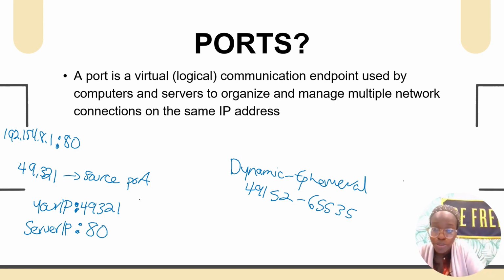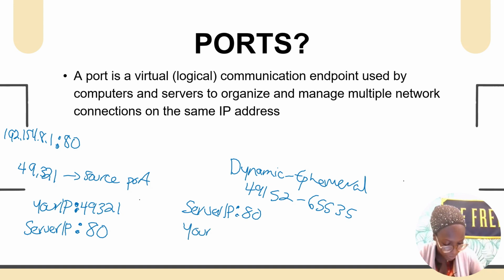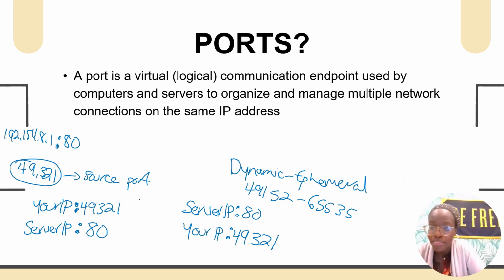So the server is then going to say, here's my server IP on port 80, and I'm going to send back data to your IP at this source port that you used to send me information, port 49,321. And then once that session is over, the ephemeral port is released and it's free to be used for other things.